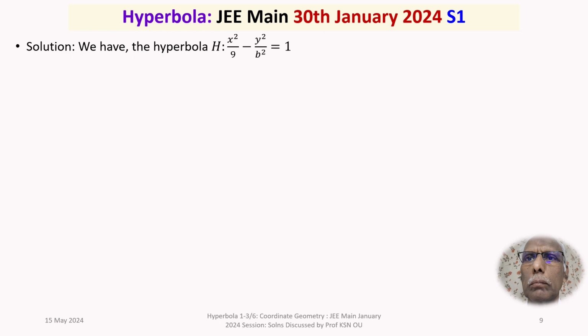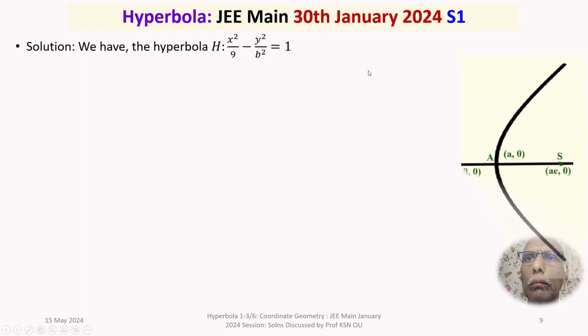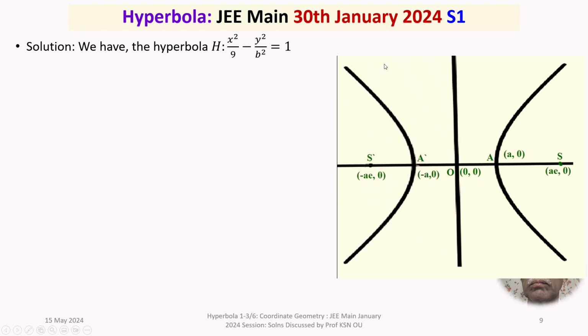We have the hyperbola H given by x square by 9 minus y square by b square is equal to 1. So here a square is 9. That is our hyperbola H, and the center of that is (0, 0).